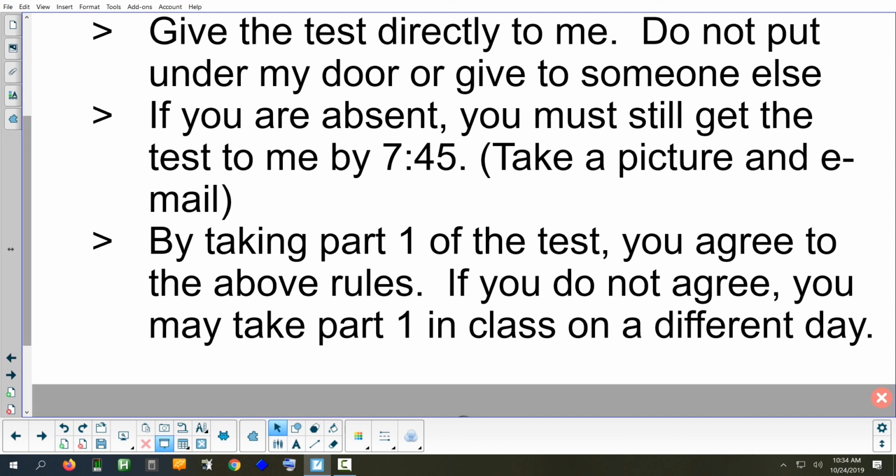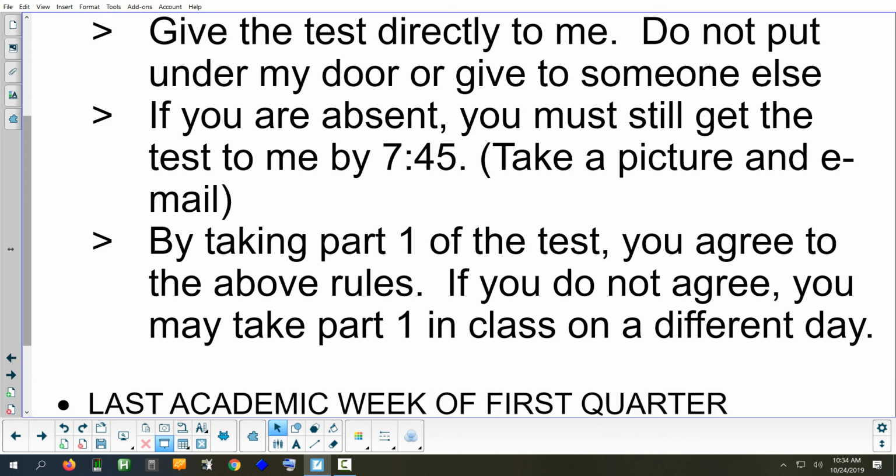And this is your last academic test of the academic term. Is there anybody that is not taking part 1 now? Yeah, because you were absent, so that's different too. Anybody else besides Sophia that is not taking part 1?